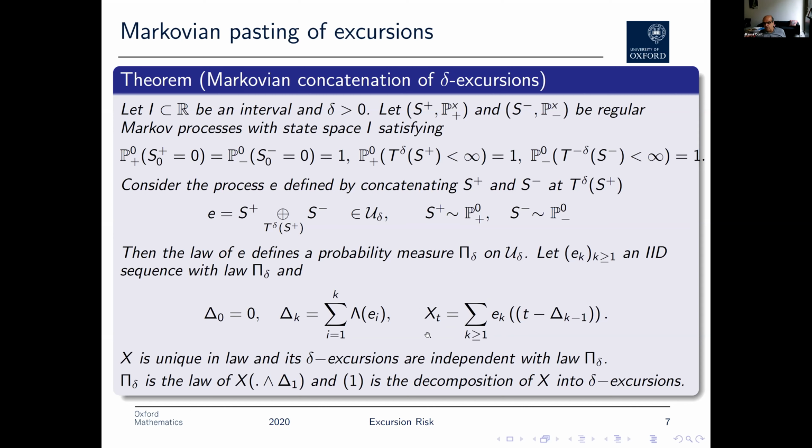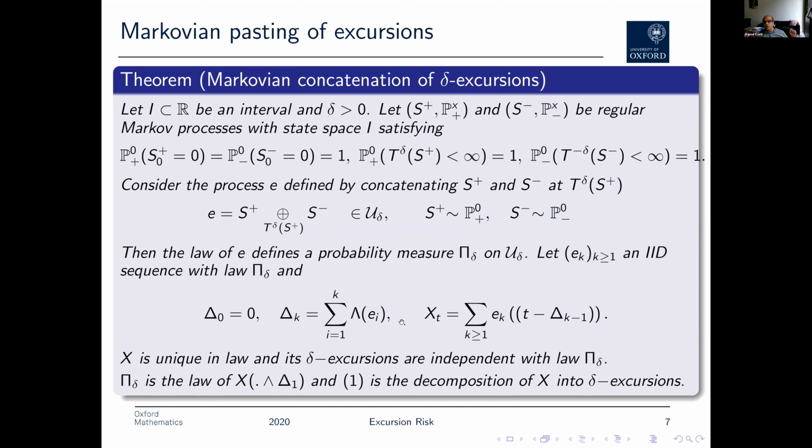So I have constructed in this way a process X whose delta excursions are independent with a given law pi delta. And I can construct the law pi delta by choosing appropriately the ingredients, the up and down ingredients, S plus and S minus.